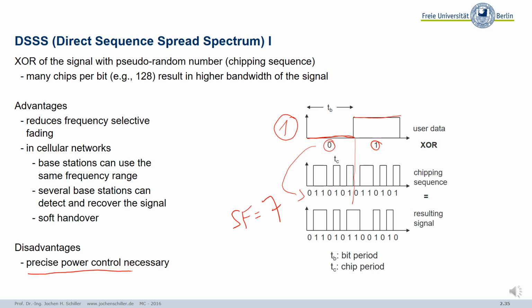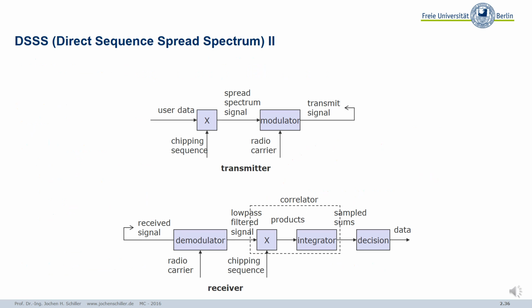But it should be clear, if you transmit these bits, you need a smaller fraction of the spectrum compared to this where you transmit 7 times as many bits, not called bits, but called chips now. Chips. The bits, that's the term we use for the user data, with a certain bit period, and then with a chip period, which in this case is only a fraction of this bit period. Okay, that's one way of doing it.